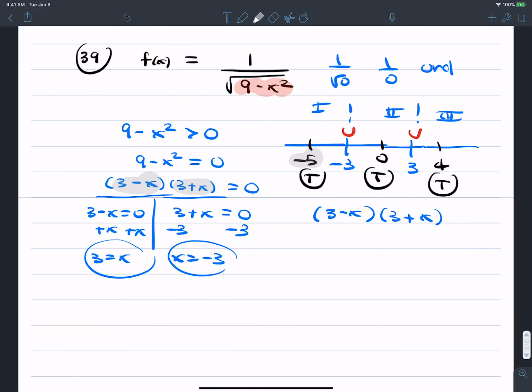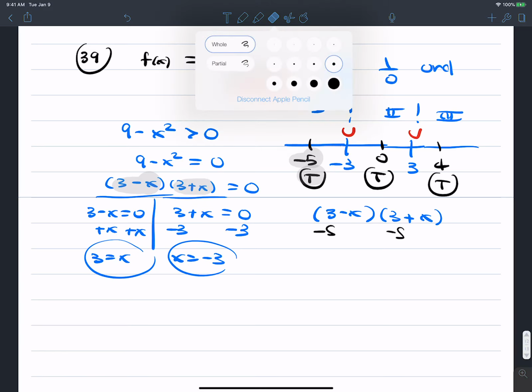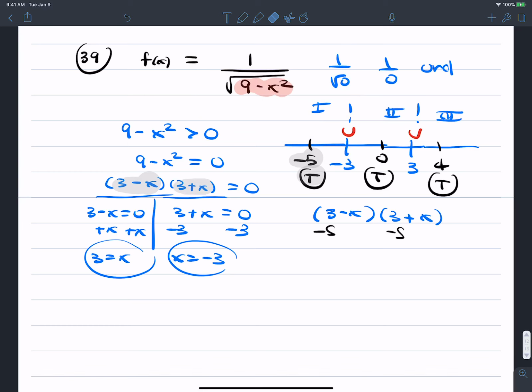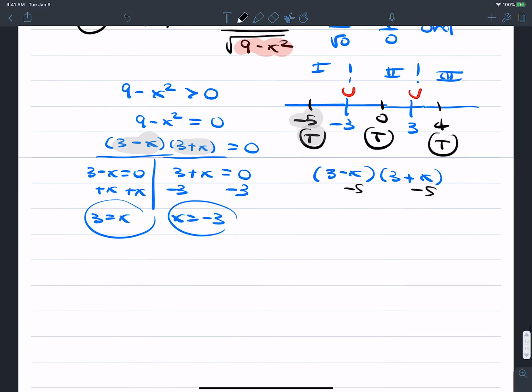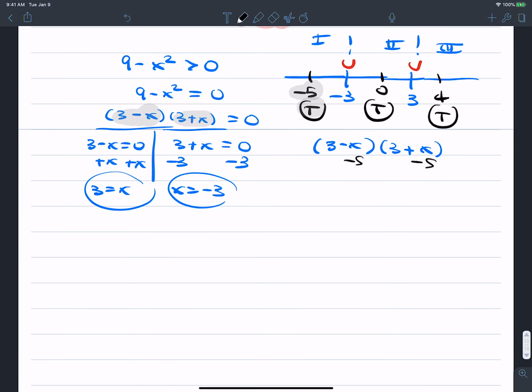So we're going to test negative 5 here. We're going to plug in negative 5. Let's see what we get here. Just be careful. Let's put the negative 5 by the x. So let's really take a close look now. 3 minus a minus makes this 3 plus 5, and then 3 minus 5.